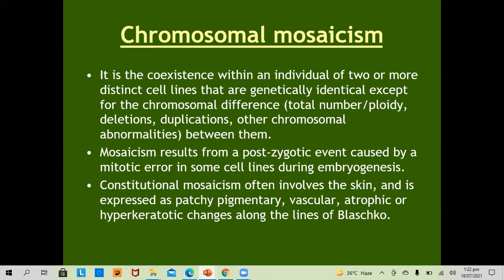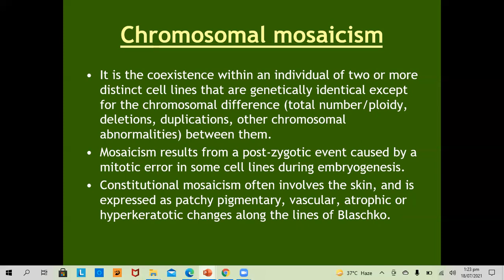Chromosomal mosaicism. It is the coexistence within an individual of two or more distinct cell lines that are genetically identical except for chromosomal differences, which can be total number, that is ploidy, deletion, duplication, or other chromosomal abnormalities between them.